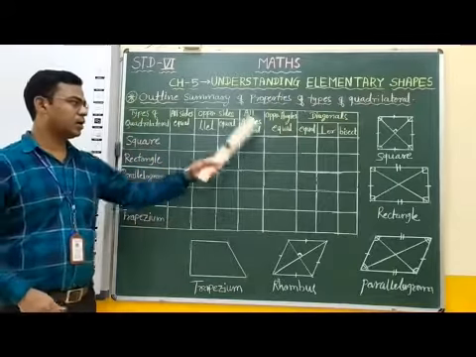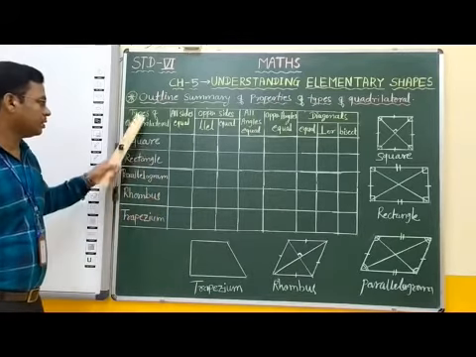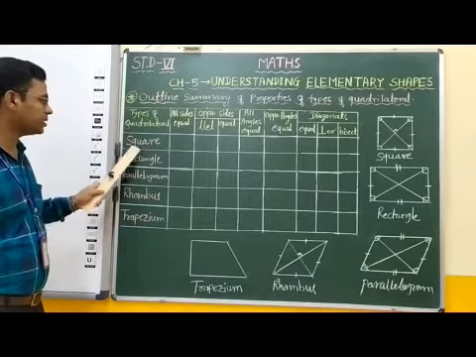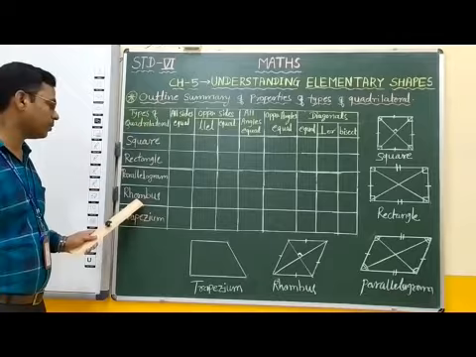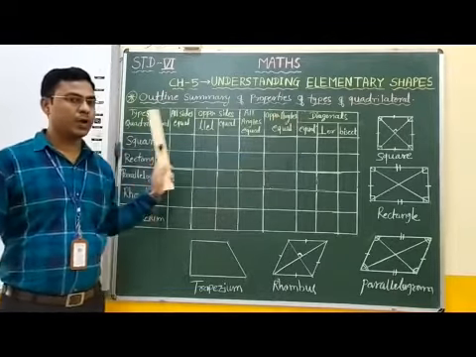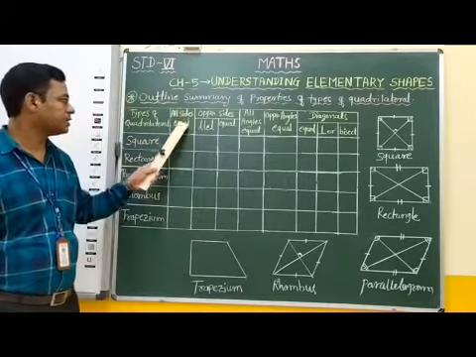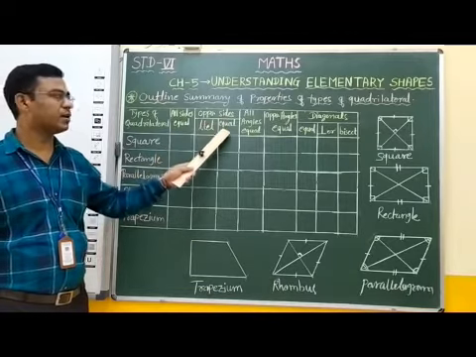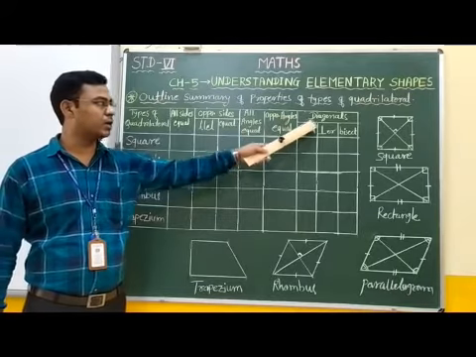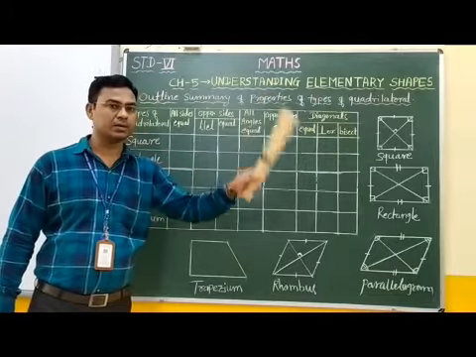Students, here one table is given and in this table the types of quadrilateral are given, that is square, rectangle, parallelogram, rhombus and trapezium. And the properties of quadrilateral are given, like all sides are equal, opposite sides parallel and equal, all angles are equal, opposite angles are equal, diagonals are equal, perpendicular and bisect.